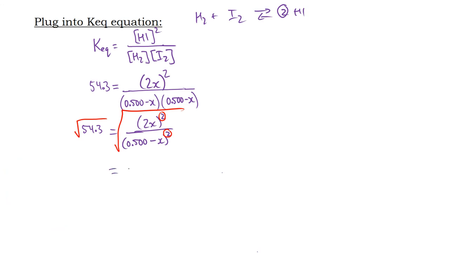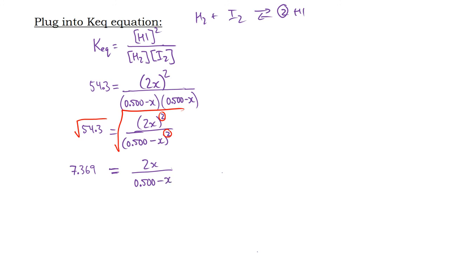Okay, so on the left-hand side, if you want to be exact, leave it as root 54.3. If that throws you off and scares you a little bit, you can square root it and just round. Just don't round too much. So for example, in this case, 7.36, we can round that to 9, that sort of thing. Keep a few decimals. The reason we square rooted is because on the right-hand side, this now simplifies.